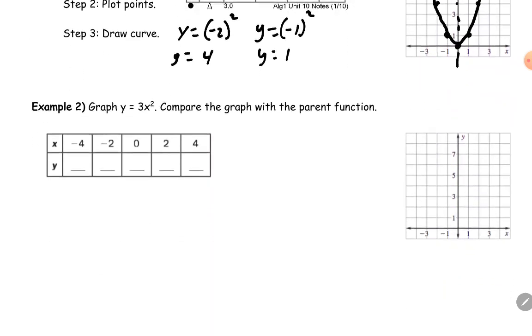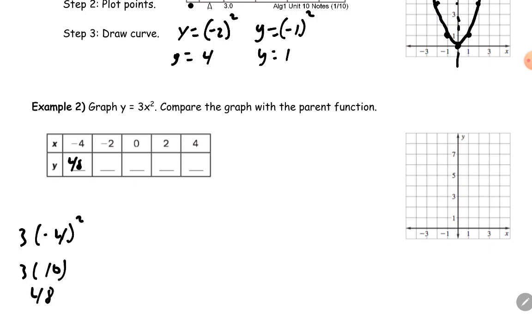Alright, let's do another one. y equals 3x squared. Okay, so we make a table, and they decided to use those numbers. So 3 times (-4) squared is 3 times 16, which is 48.